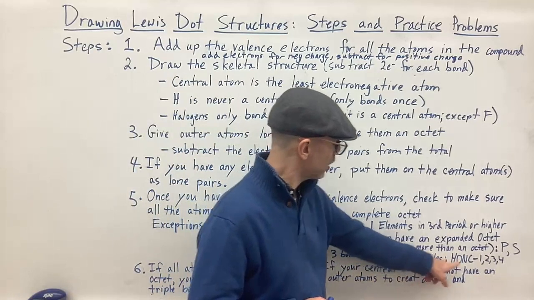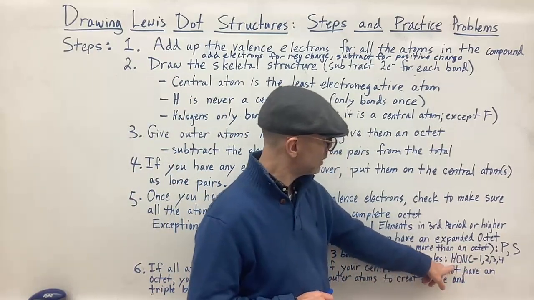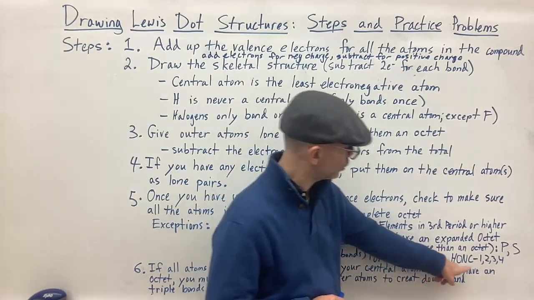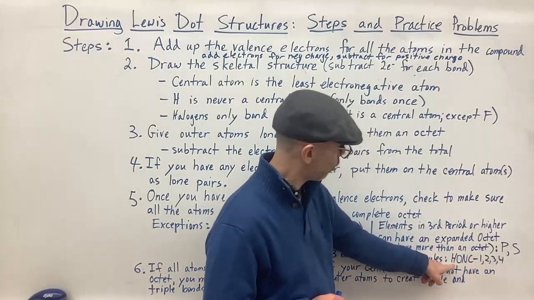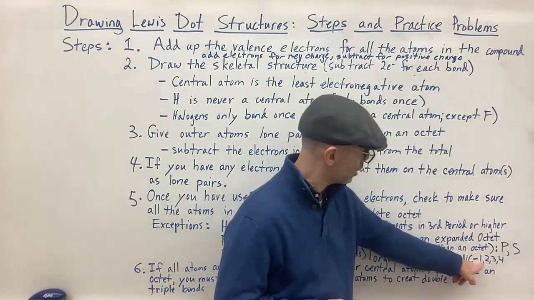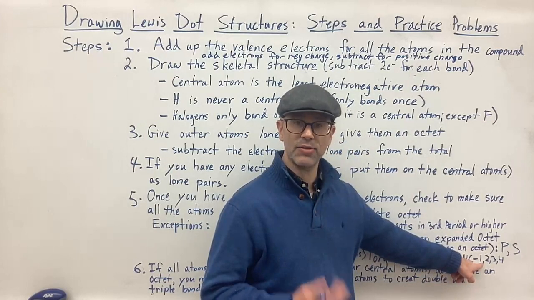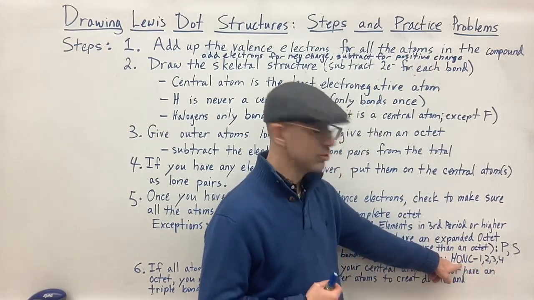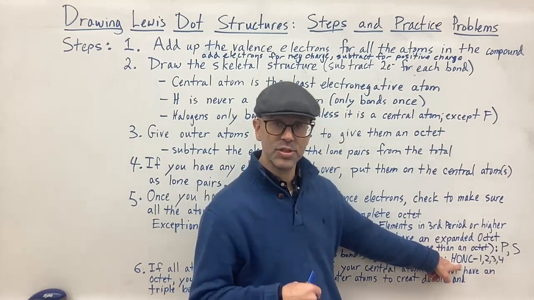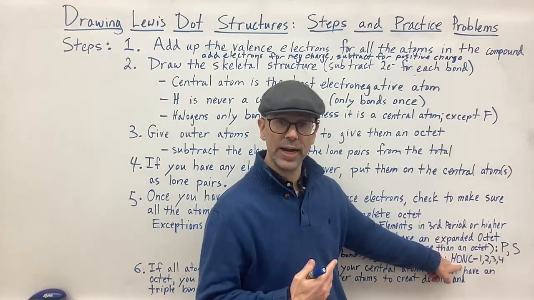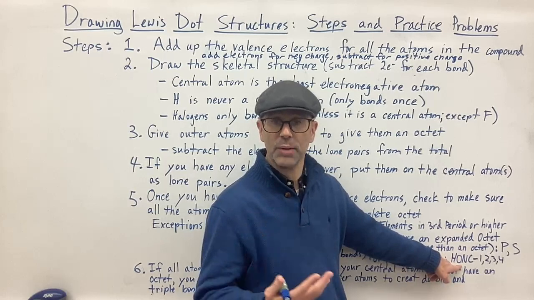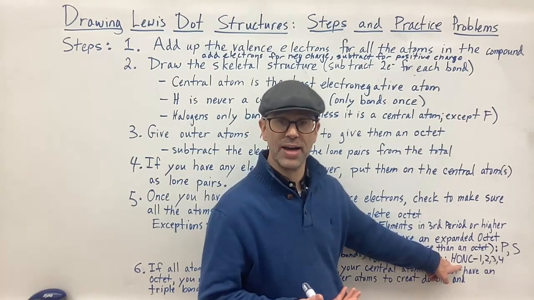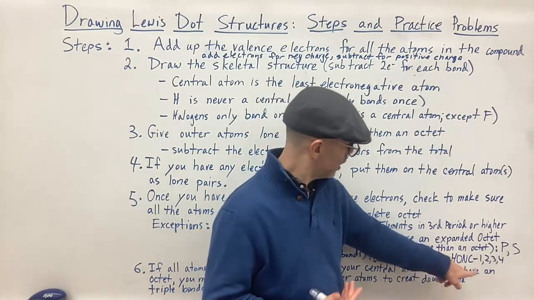The HONC 1, 2, 3, 4 basically says that it goes in order of these 4. Hydrogen will bond once. Hydrogen loves to have 1 bond. So if you've got an organic molecule, hydrogen's going to bond once. Oxygen loves to have 2 bonds. Whenever you're putting your organic molecule together, you want to make sure that oxygen has 2 bonds.